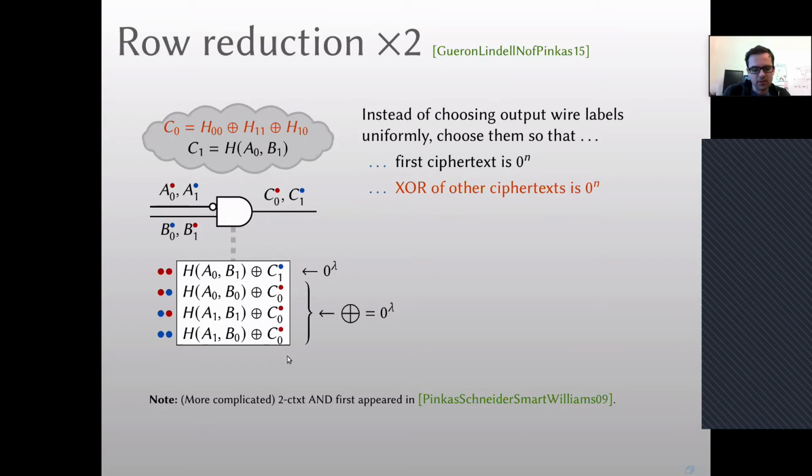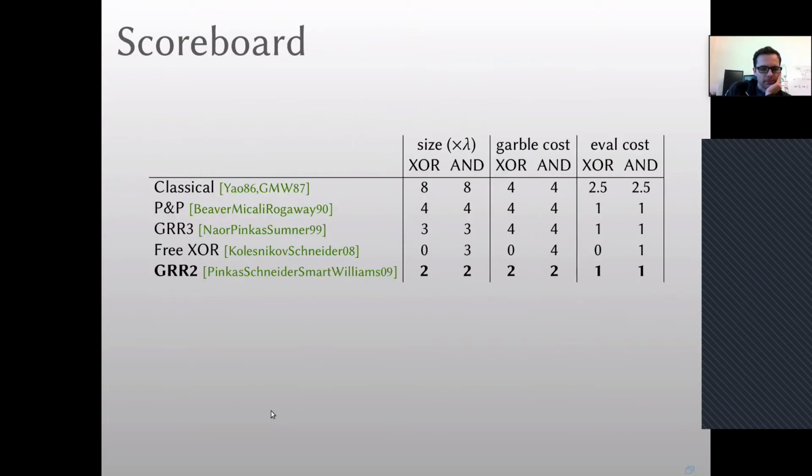If there's 2 falses and 2 trues, then this trick doesn't quite work because things cancel out with each other. There was a previous construction that got AND gates down to 2 ciphertexts, but it's much more complicated. This one is much easier for me to explain. So that's garbled row reduction, getting down to 2 ciphertexts.